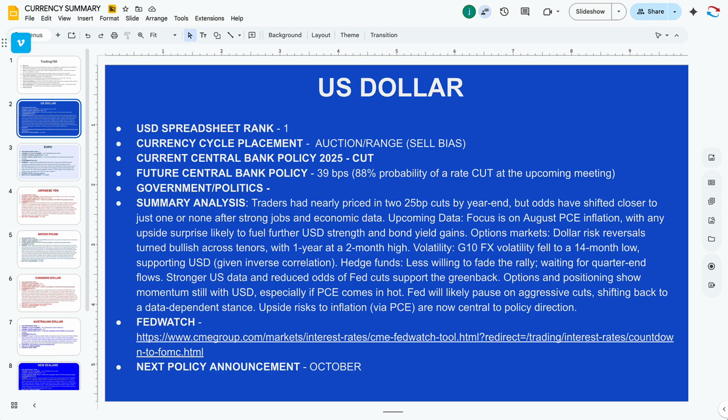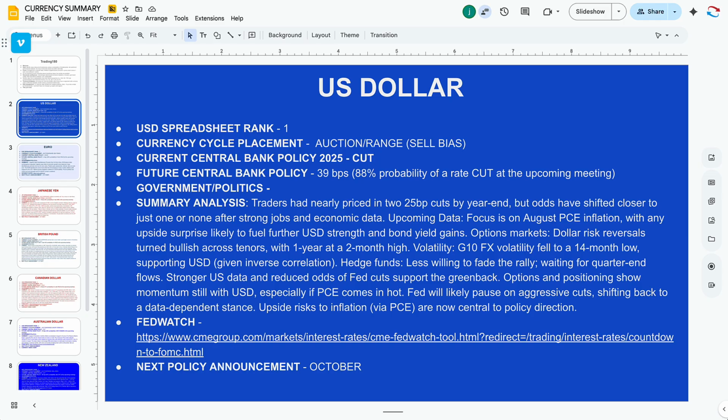So upcoming data focuses on the August PCE inflation, with any upside surprise likely to fuel further dollar strength and bond yield gains. The reason is that as inflation starts to rise, it's not justified for a central bank to cut rates, because central banks cut rates when inflation is falling or there's a disinflationary move in the cycle, right?